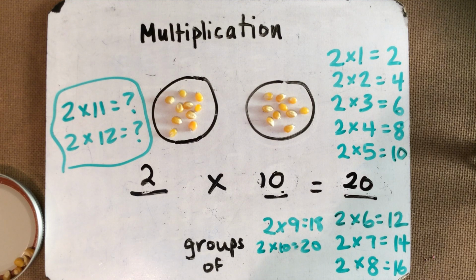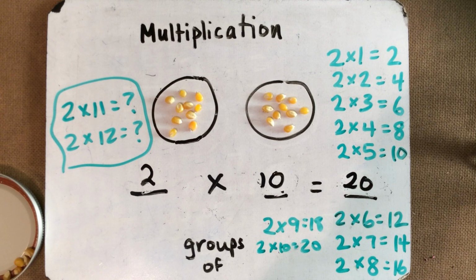Twice as much. 2 times 1 is 2. And 2 times 2 makes 4. 2 times 3 is 6. And 2 times 4 is 8. You're doing great. Twice as much.